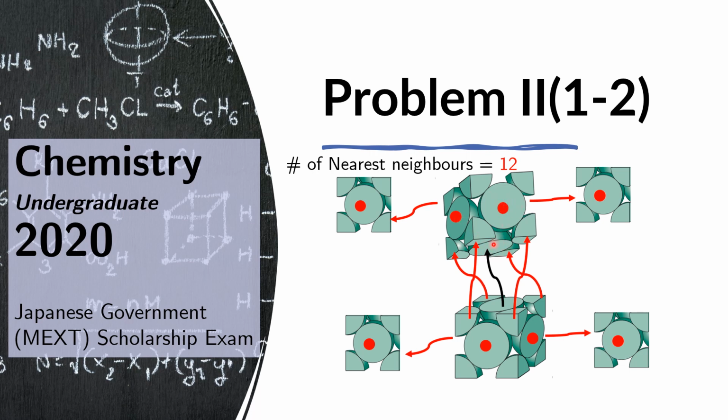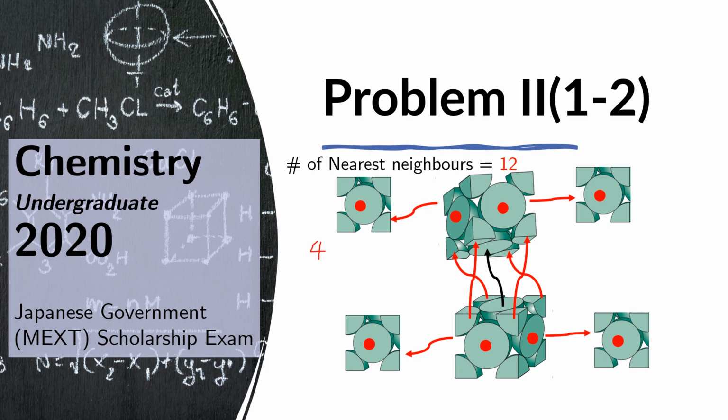This touches this. On the other side, this touches this, and on the other side, this touches this. And therefore, there are 4 atoms in the upper unit cube that touch the atom in the middle, the black arrow atom. So there are 4 on top.